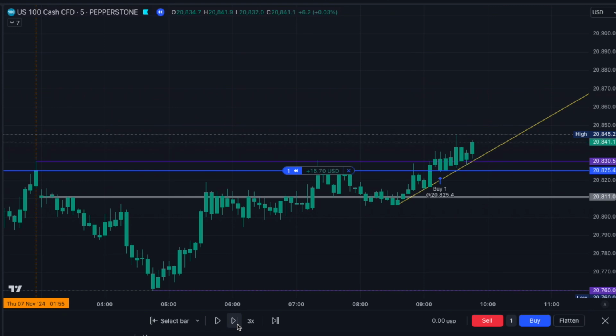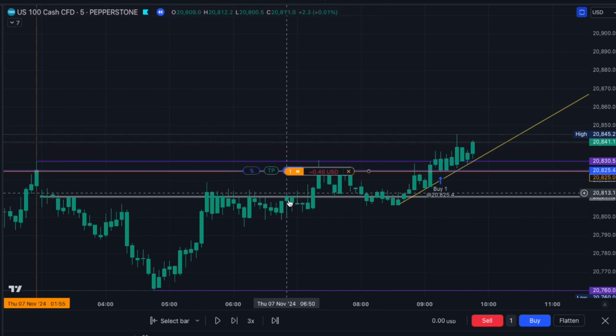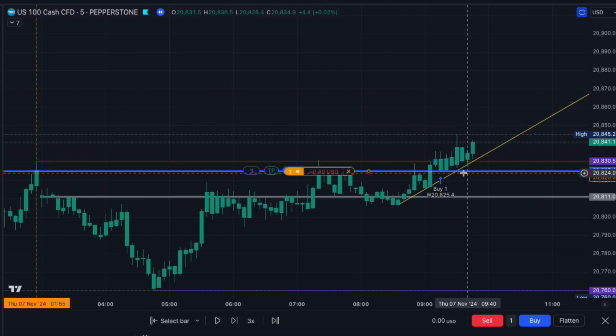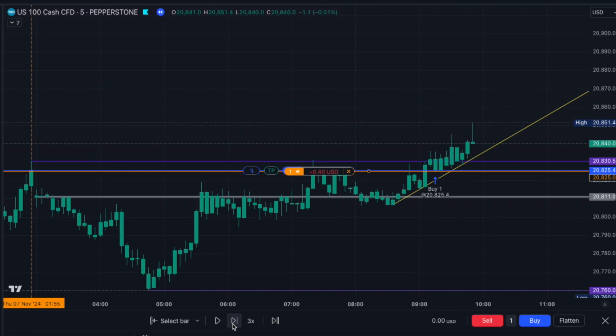Now when I see it's all going well, I do one small thing, which is keeping my stop loss just a teeny bit down, just in case it goes against me, because if it does it will cross this line eventually. So I'll keep my stop loss here and I let it go.